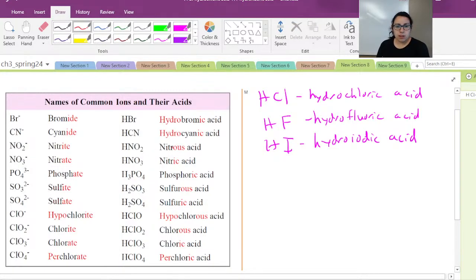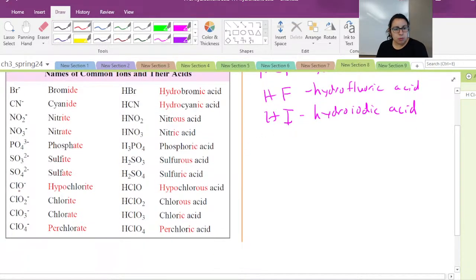So you see that with the nitrous and the nitric acid. Then you have phosphoric acid, so this is pretty common. Same thing with the sulfite, sulfate. So you have sulfurous acid, with the fewer oxygens, and then sulfuric with the sulfate. And then this is also kind of weird.